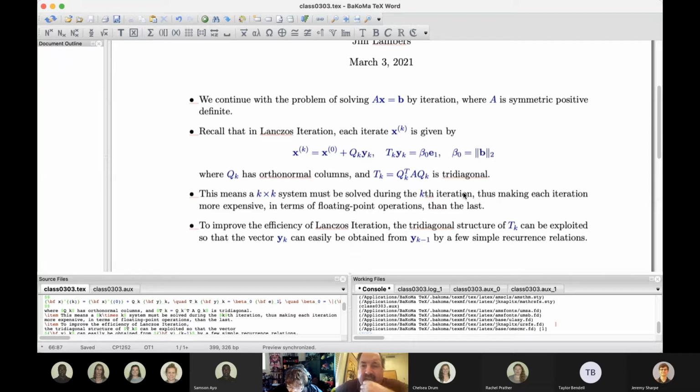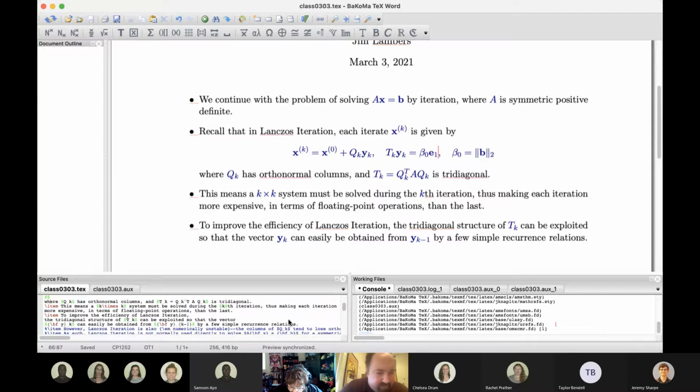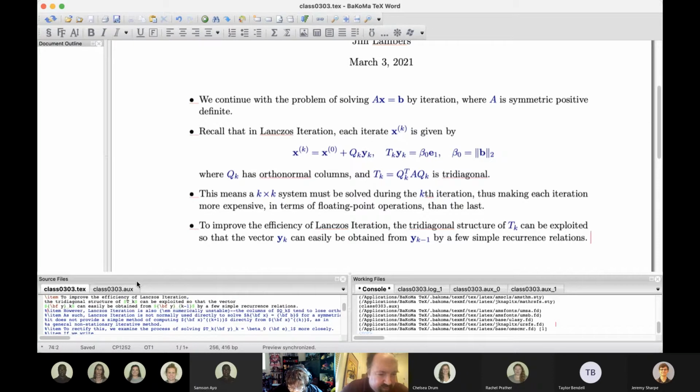Actually, that's something we'll take a look at a little later. So that's one way to make this method somewhat more efficient, but that's not the only thing wrong with Lanczos.